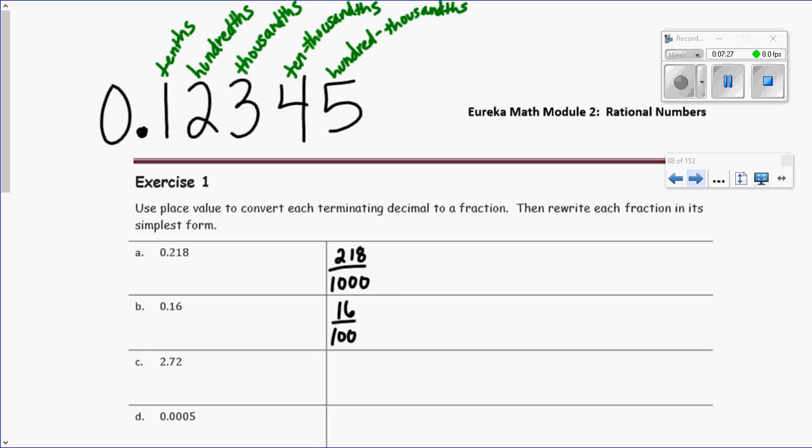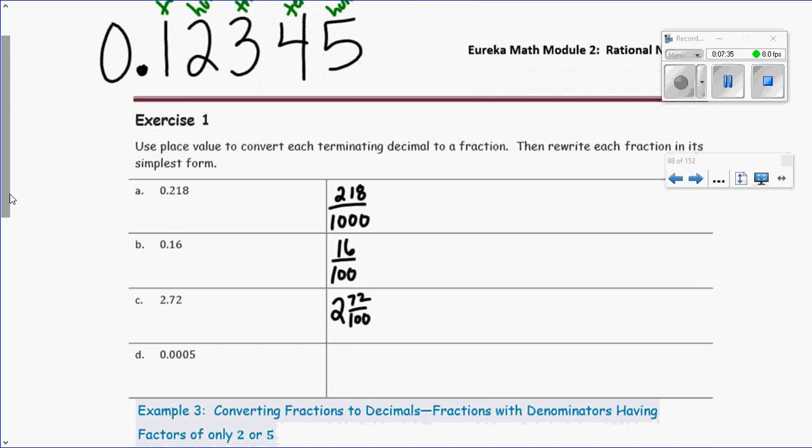For C, I've got 2 and 72 hundredths. And then the last one, 1, 2, 3, so tenths, hundredths, thousandths, that's got to be 10 thousandths. So 5 over 10,000. Okay, pause it and try simplifying those and see how you do.